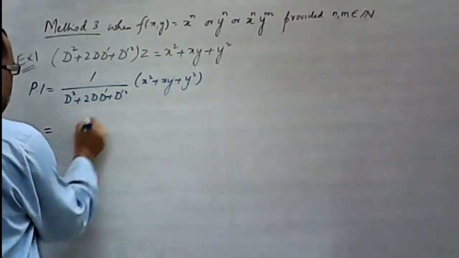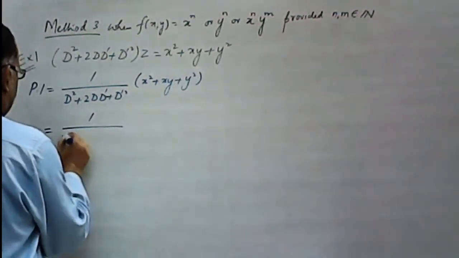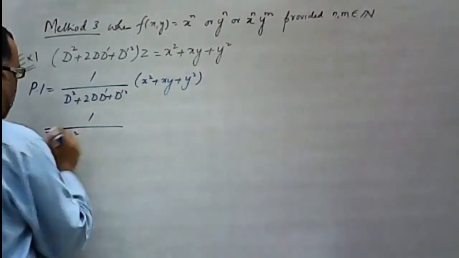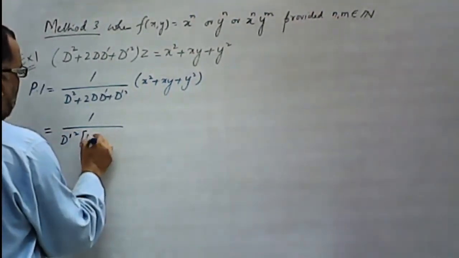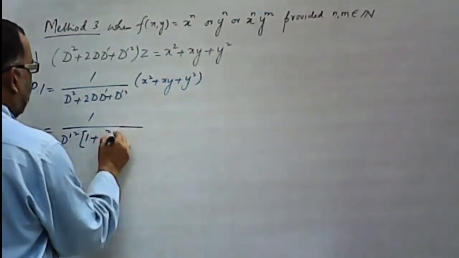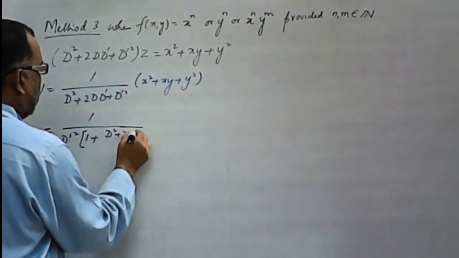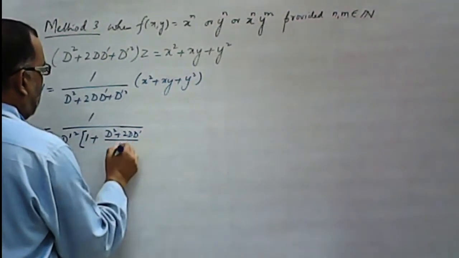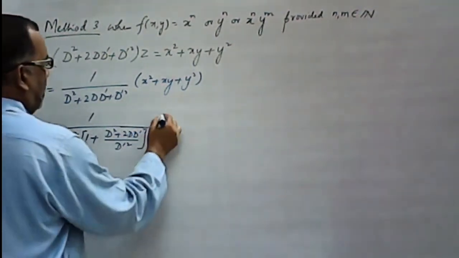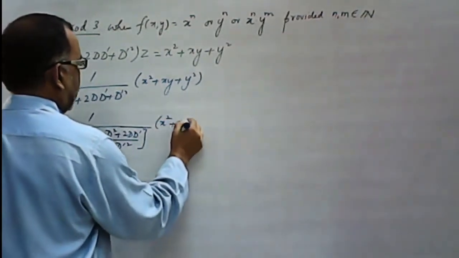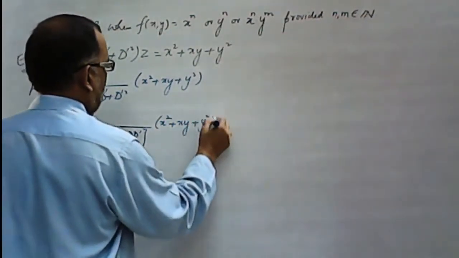Let's say I am taking D dash common. So I took D dash square common, then I have 1 plus D square plus 2DD dash upon D dash square, and then x square plus xy plus y square.